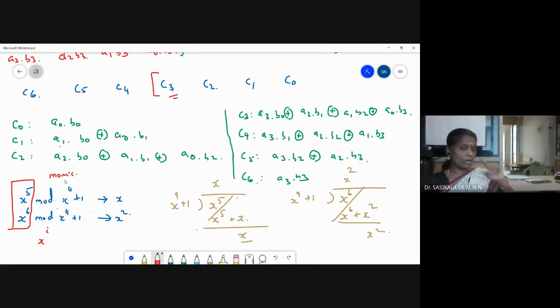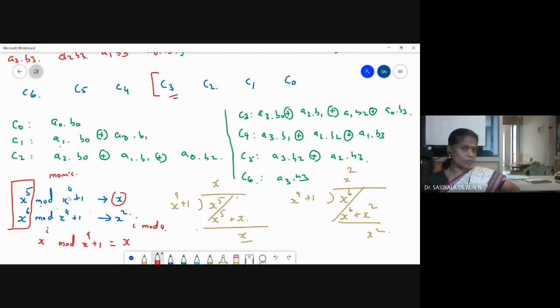A polynomial with only one term. This formula is suitable only for monic polynomials. So x power i mod x power 4 plus 1, I can write as x power (i mod 4), because after doing a modular reduction, you are again getting a monic polynomial.